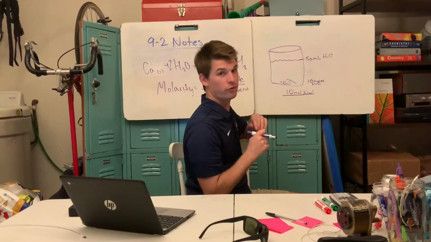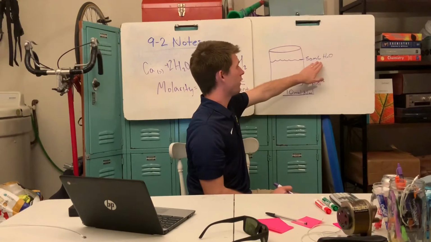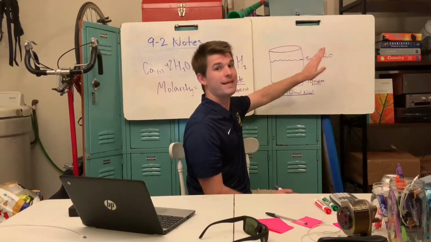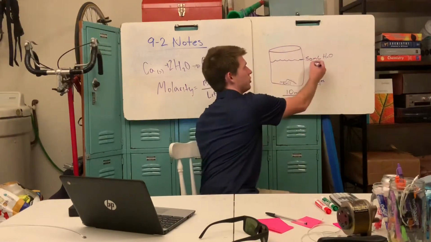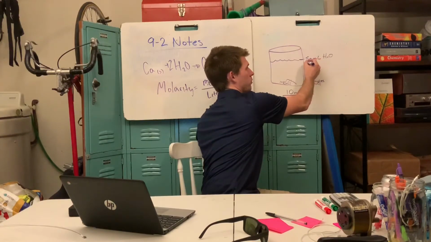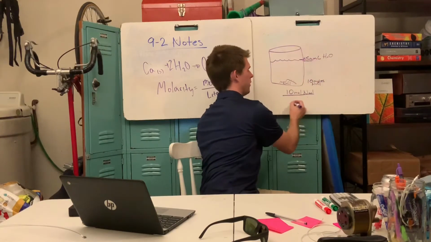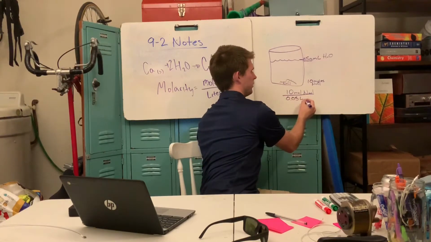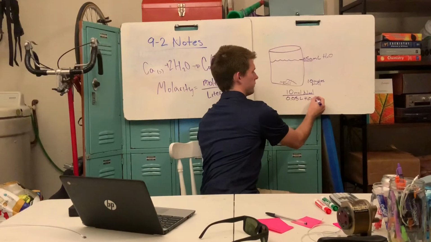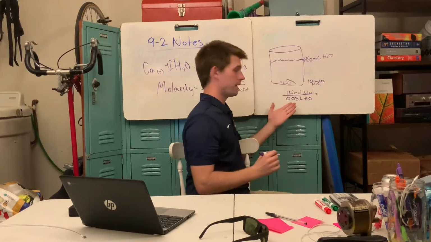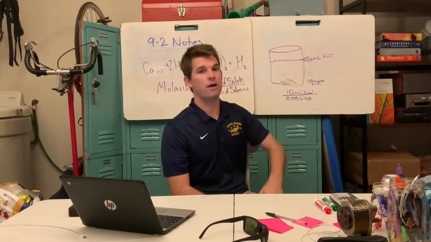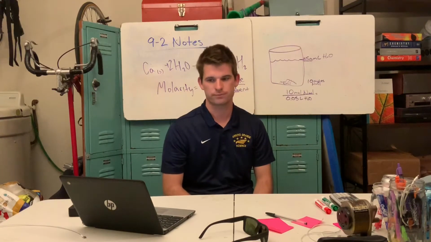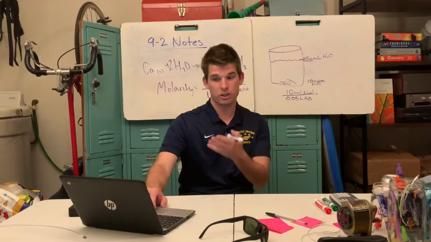We need to divide it by this number, but in liters, not milliliters, so we're going to have to change that. We'll move the decimal point to the left 3 times, and we end up with 0.05 liters of water. If you divide that, that number will be the molarity, or the concentration of this saltwater solution. So actually we're just going to practice right now.